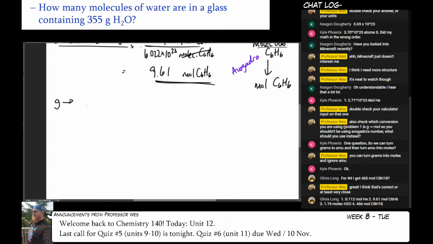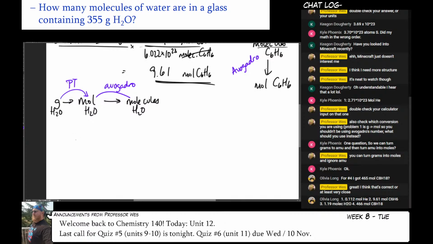I need to get to molecules. But I got to go through moles first to do that. And these are all H2O. We know how to go between grams and molecules. This uses the periodic table, and this uses Avogadro.